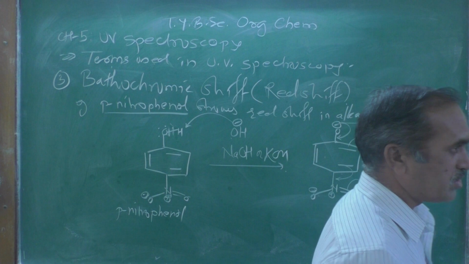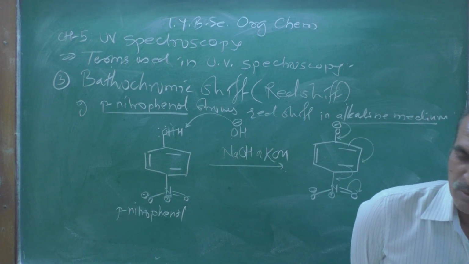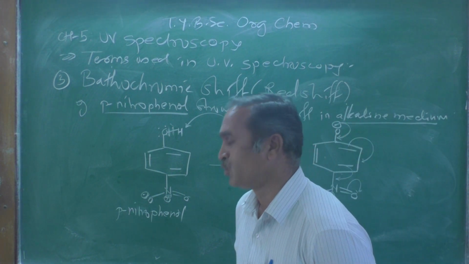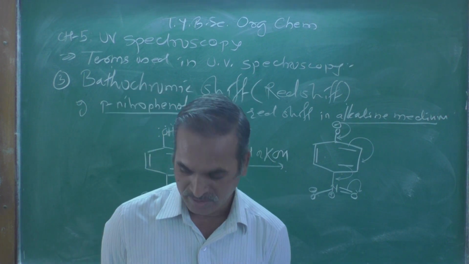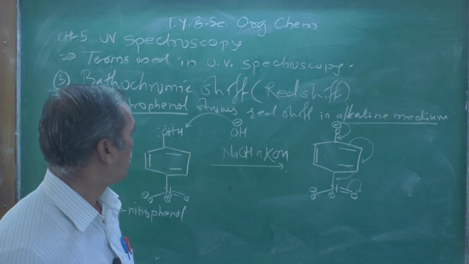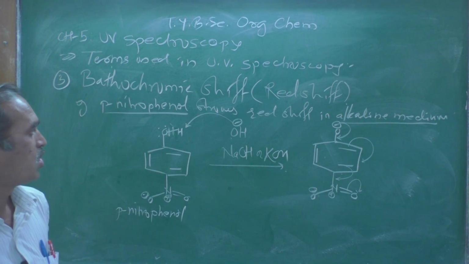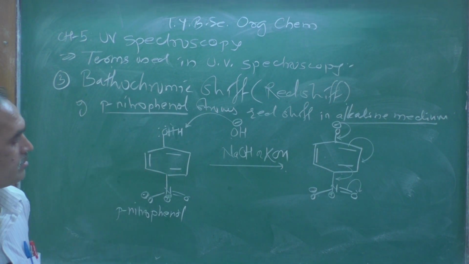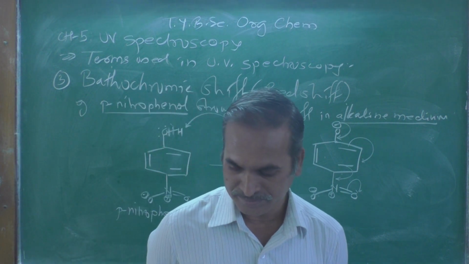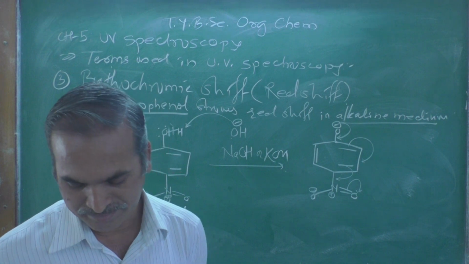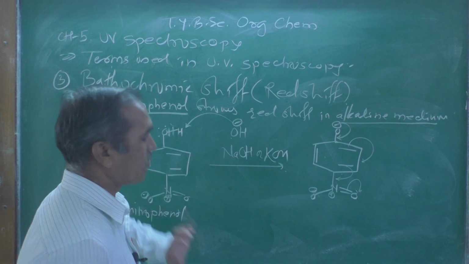The negative charge has more tendency to donate electron density than the oxygen atom which is along with the hydrogen atom. So these are the things we have seen with the help of this example.